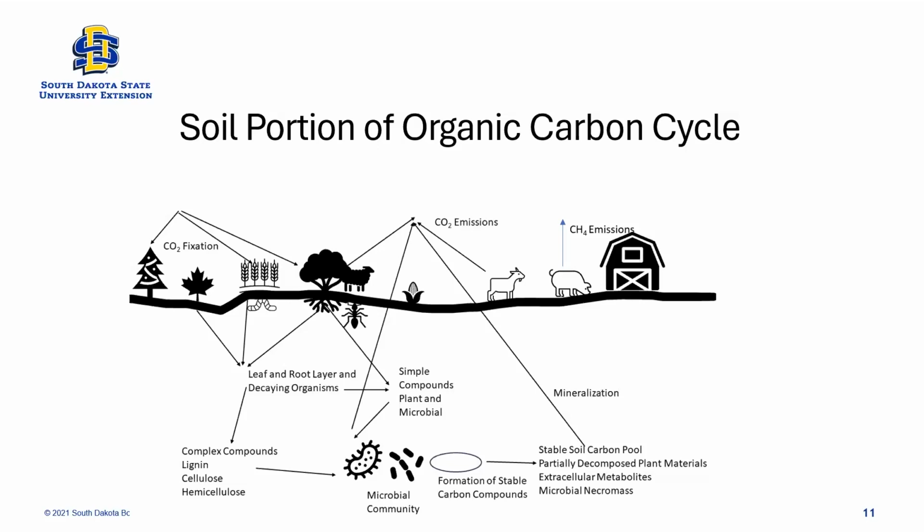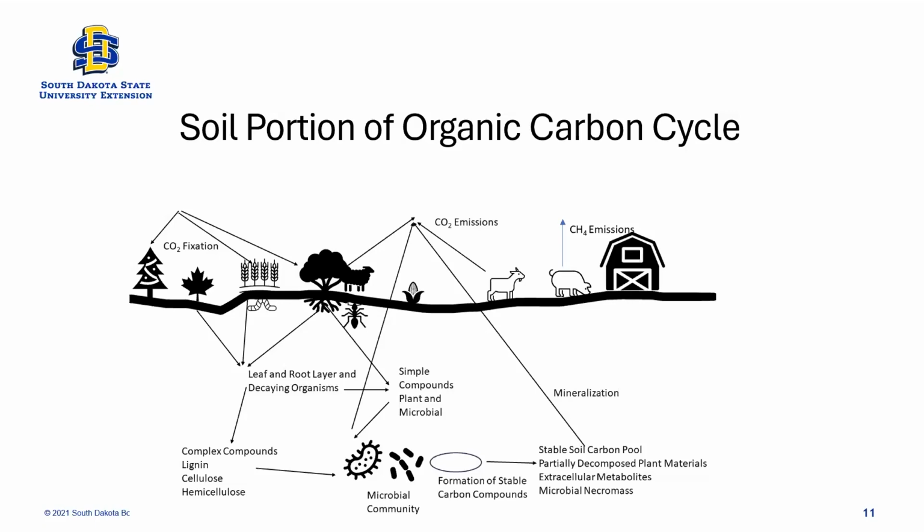Then during the decomposition process, the microbial community will break down some of the complex plant carbon and plant structures. Some of the carbon that is formed will go into the formation of mineral associated carbon, whereas other forms of the carbon will just be used for energy and then released through respiration as CO2.